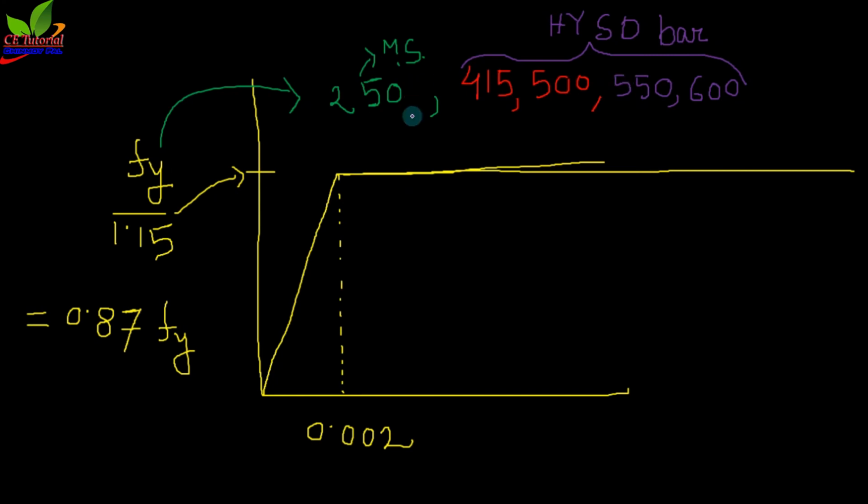So only 250 is mild steel and 415, 500, 550, 600 are HYSD bar.